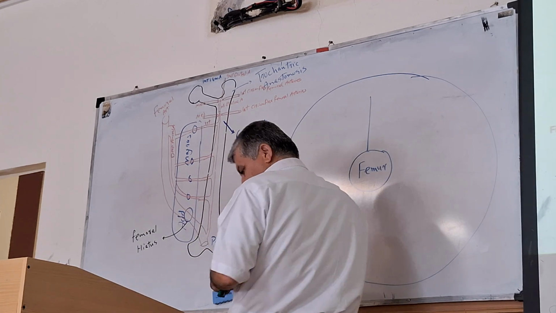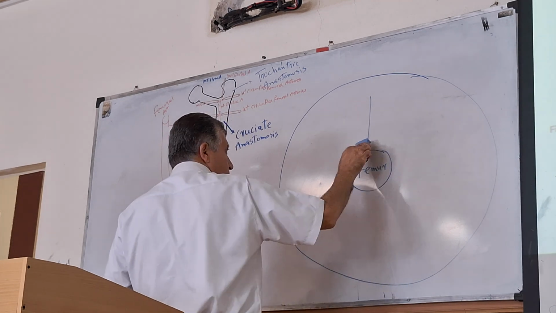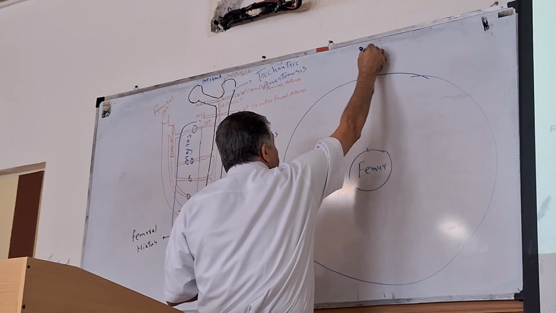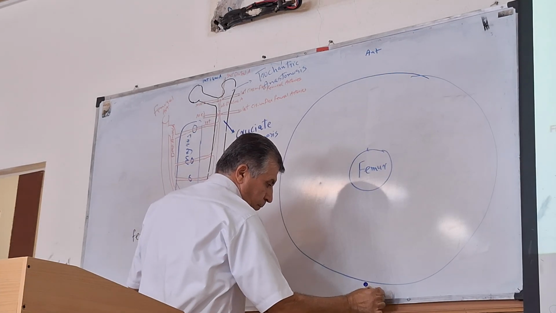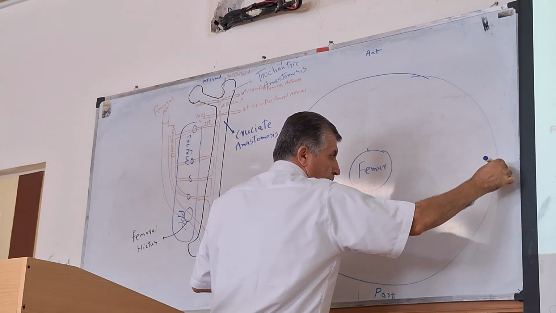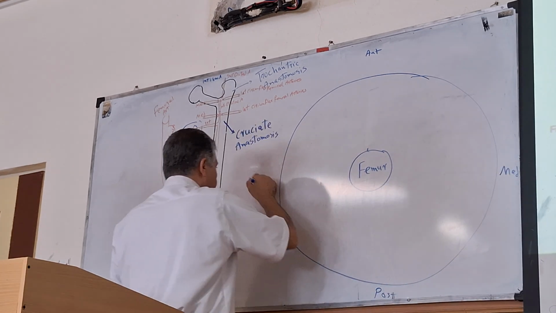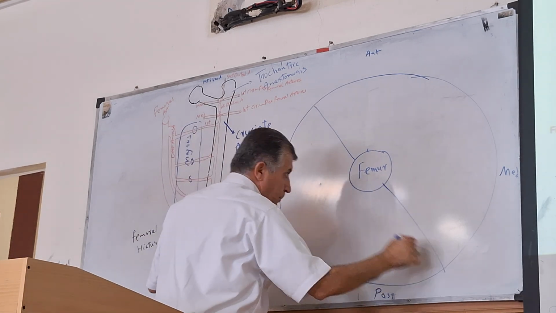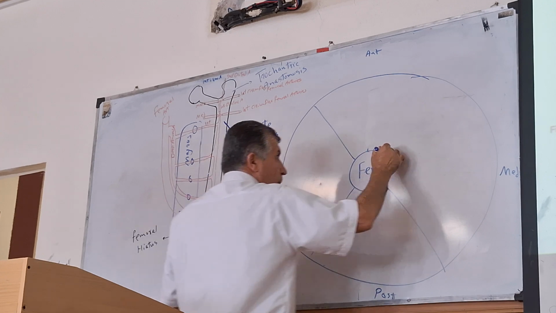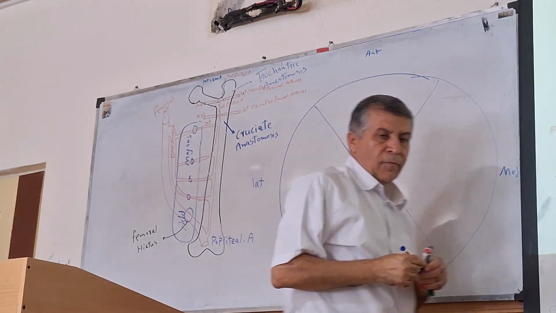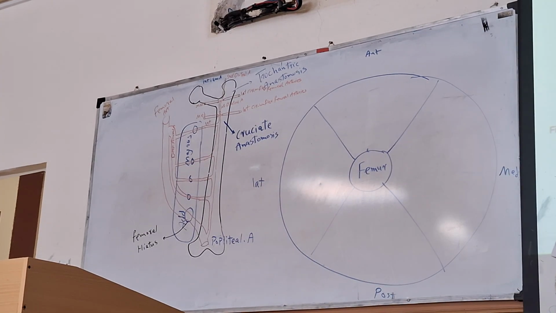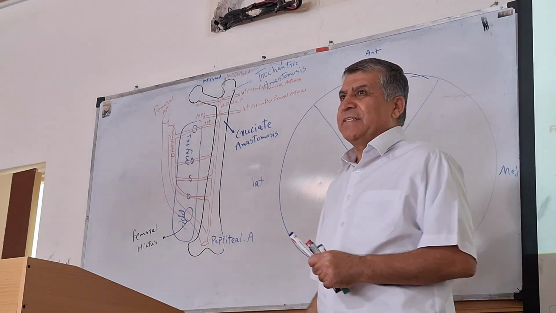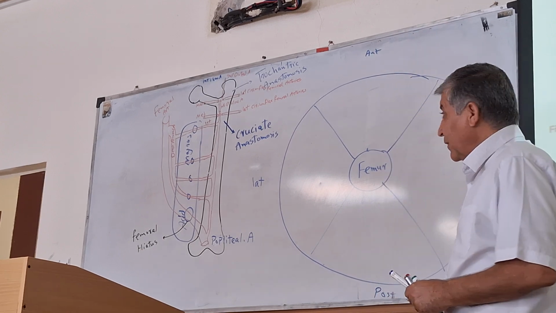This one is a cross section, a transverse section of the hip joint.